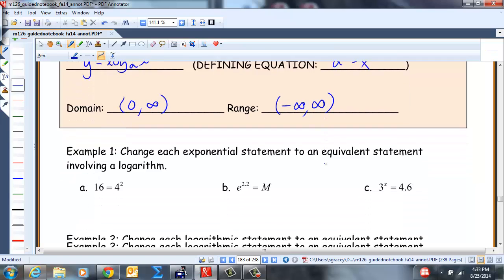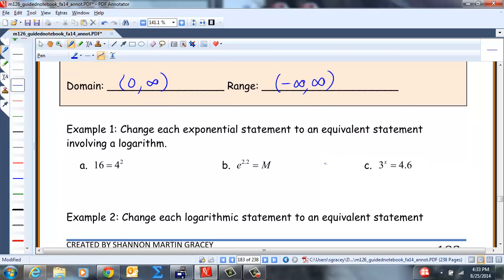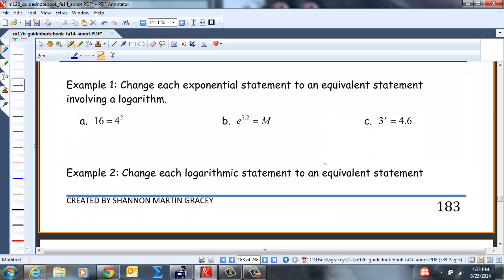So let's get a little bit of practice, just changing each of these exponential statements to a statement involving a logarithm. So remember, a logarithm is an exponent. So your base gets little. So first you have to write log. The base is what? Good.